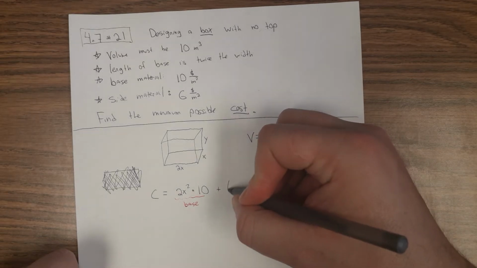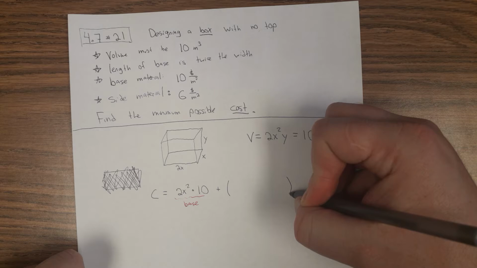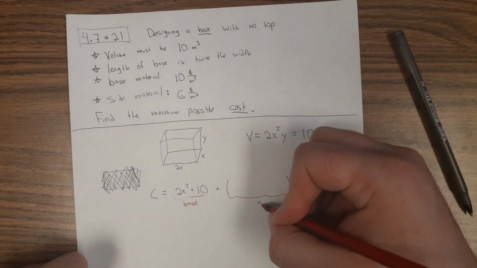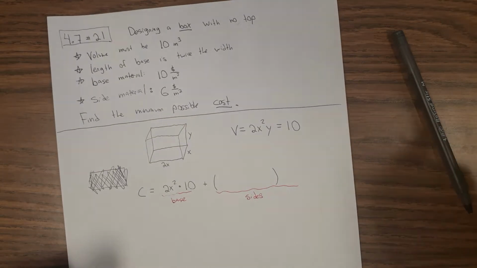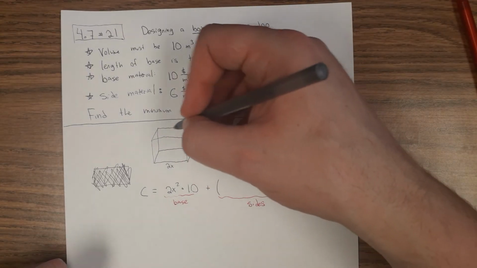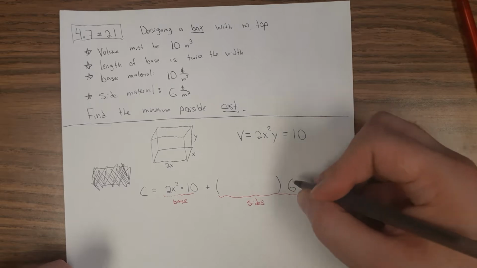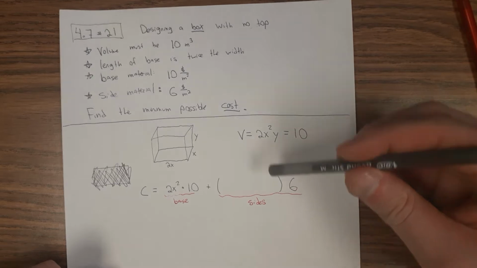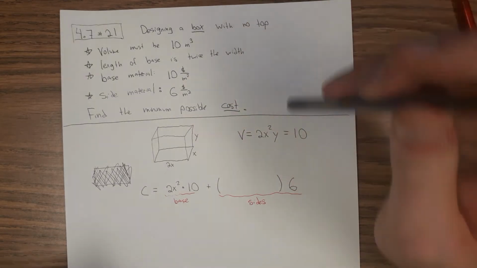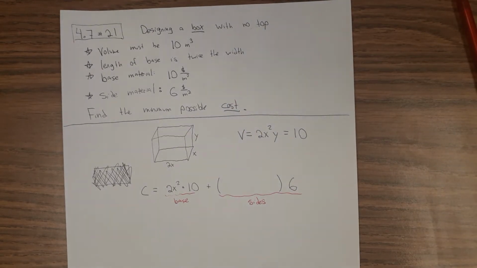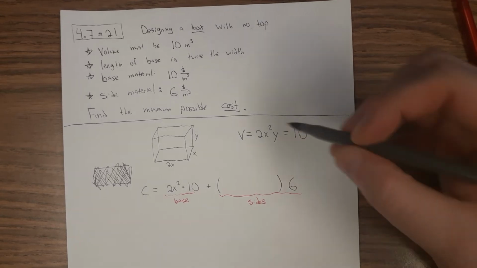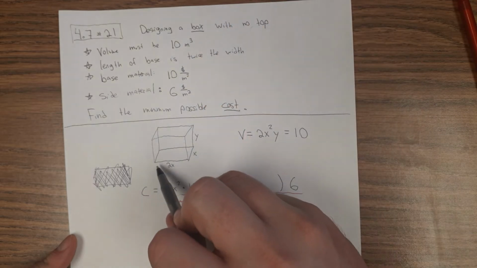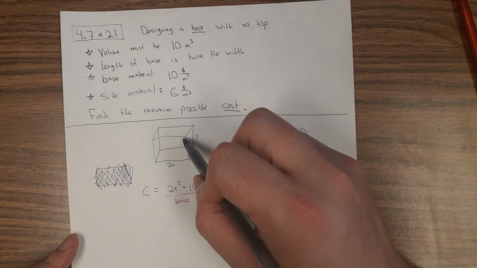okay, now if I'm smart, here's how I'll do the sides. The material for the sides costs $6 per square meter. All I have to do is fill in the parentheses with how much area is on the sides. And okay, so there's four sides. The front would be 2x times y.